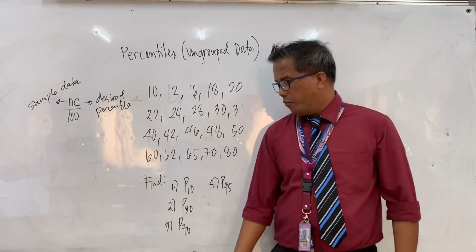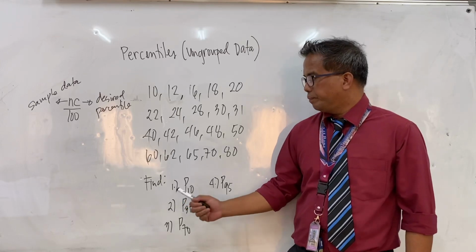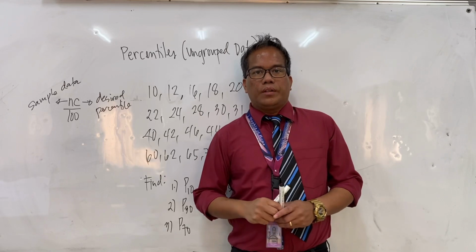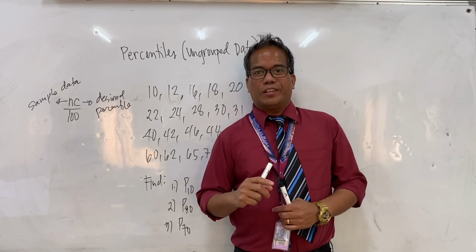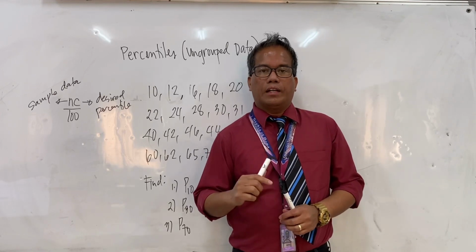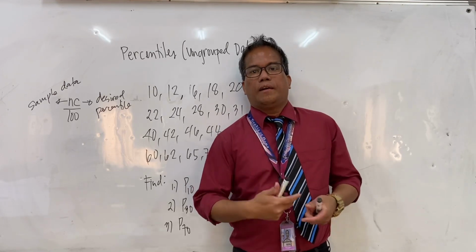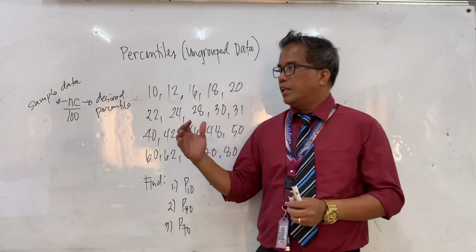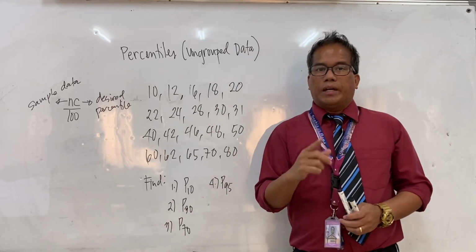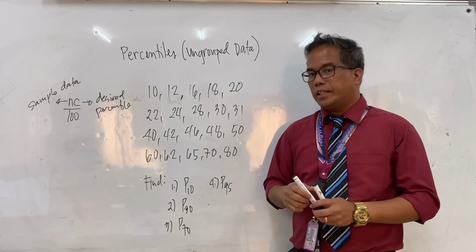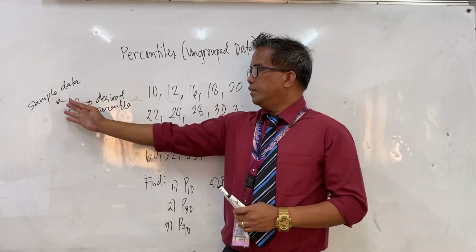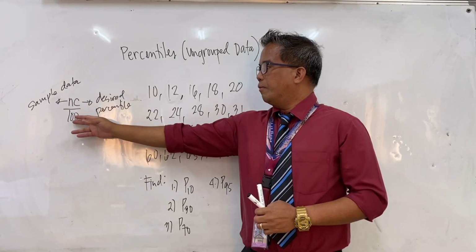Let's solve now for percentile 10. The requirement is you are going to find first the location. The same as in quartiles and grouped data, we always start by finding the location. So in this lesson, to find the location, we will use the set percentage formula, n times C over 100.